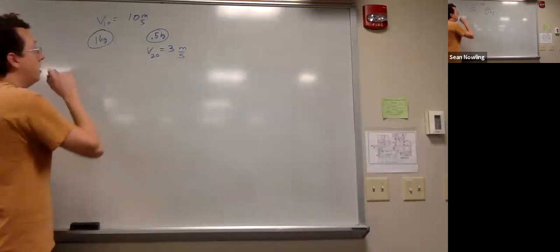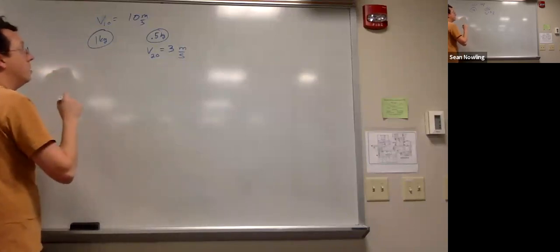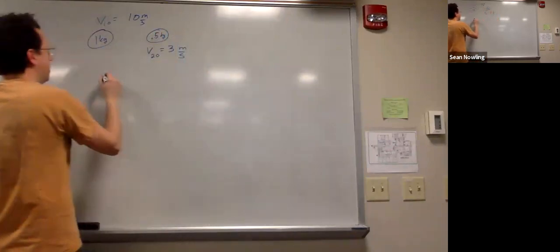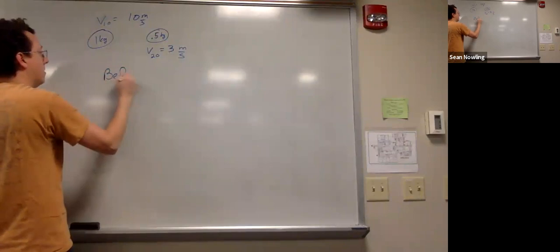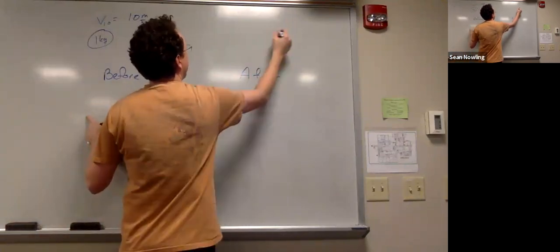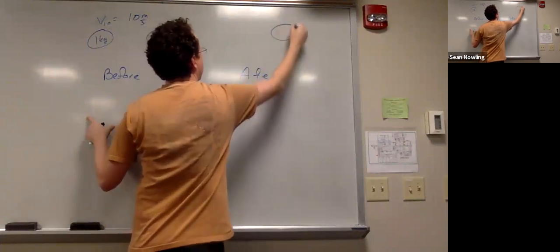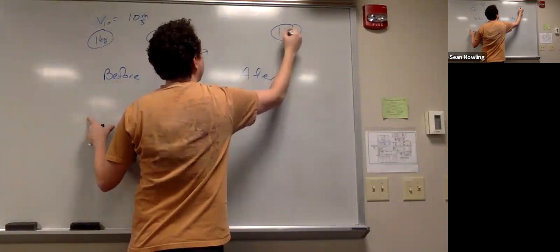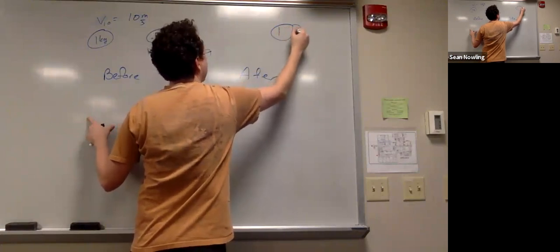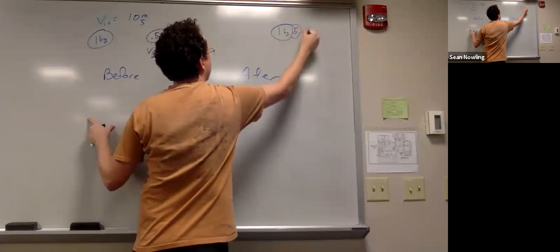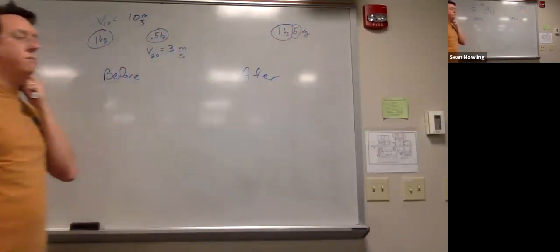What I would like to know is, after they collide, this is before, after we assume it's just one giant blob of mass 1.5. So the total mass would be 1.5 kilograms.